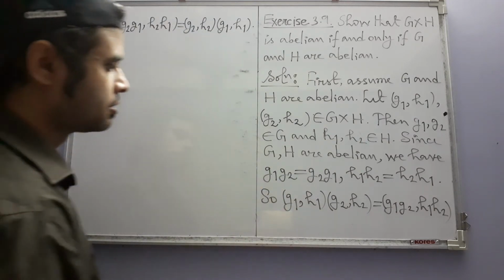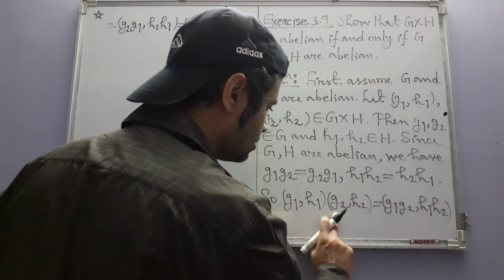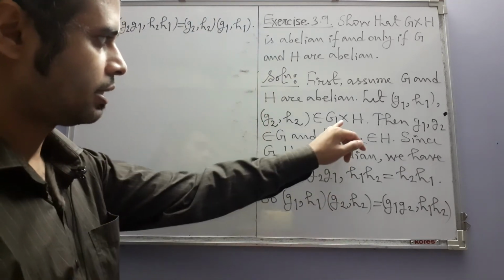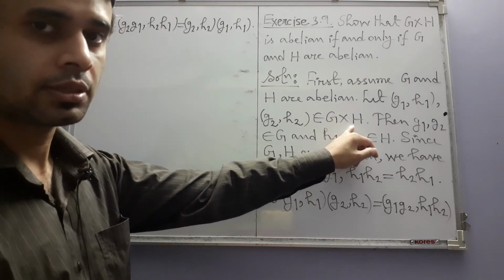That's just it. So just like that, between these two ordered pairs, we have the binary operation that has been defined on this Cartesian product.